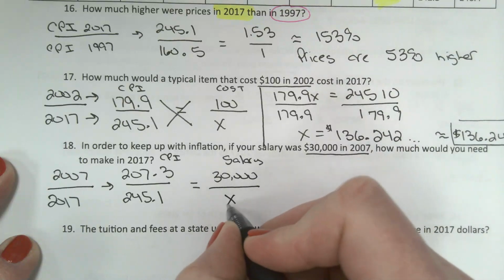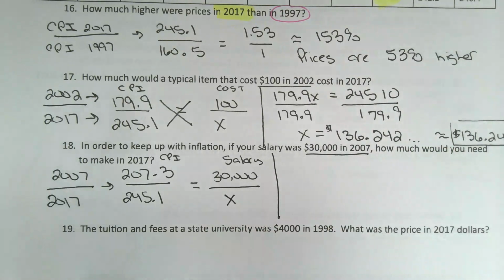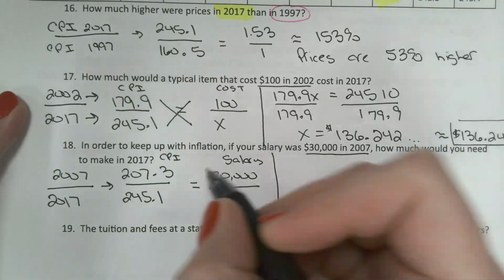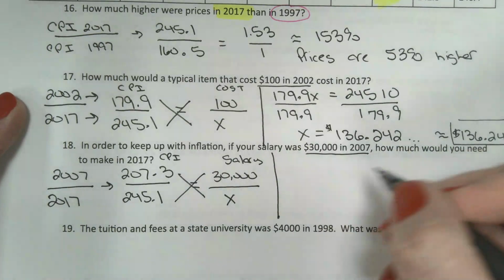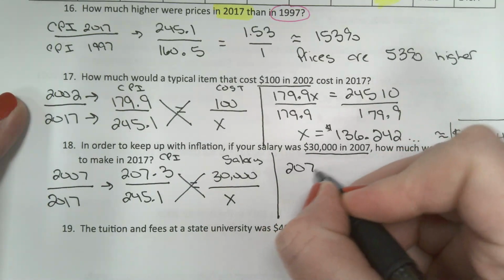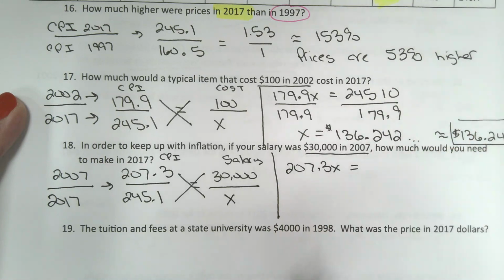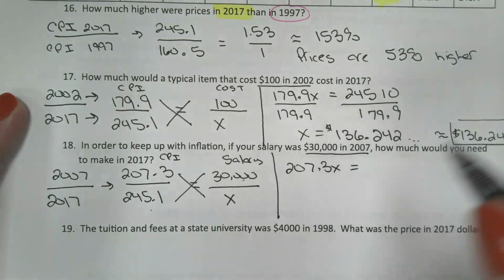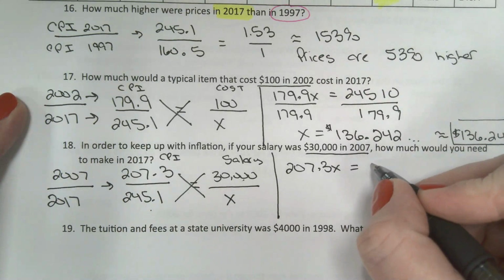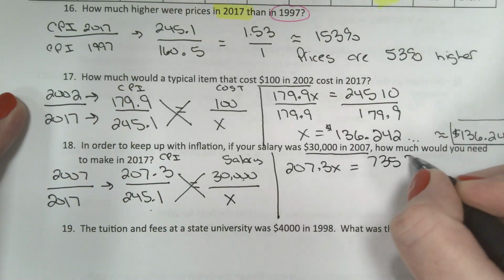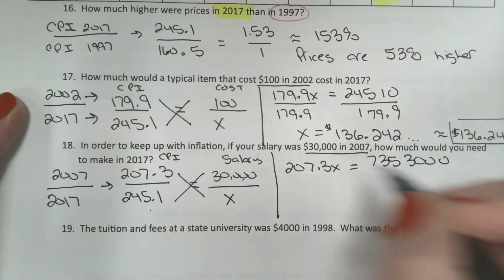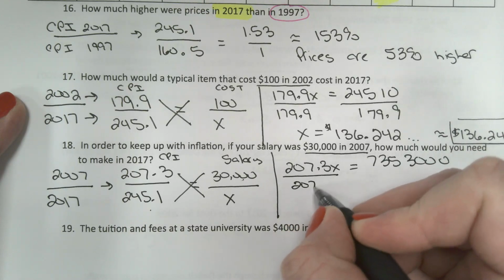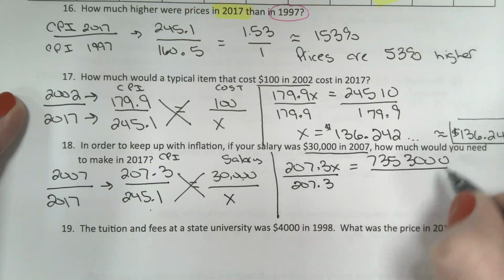In 2017, that's what we're trying to figure out. I have fraction equals fraction, so I'm going to cross multiply. 207.3x equals 30,000 times 245.1, which is a big number: 7,353,000. I'm going to divide both sides by 207.3.